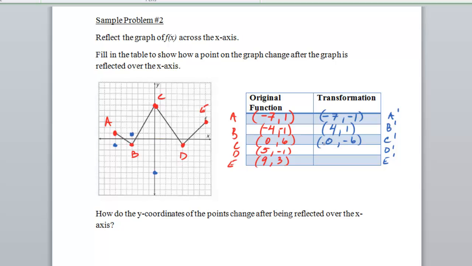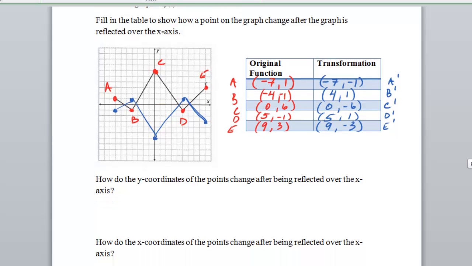Again, the same thing with D. It's going to be above, so 5 and a +1, and then E is going to be 3 below. 1, 2, 3, which is 9 and -3. And if I want, I could simply connect those as best I could, and you could see the mirrored shape of the original that we have there. And so that's just a good example of a reflection in this case.